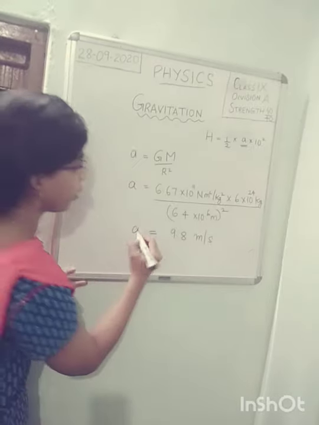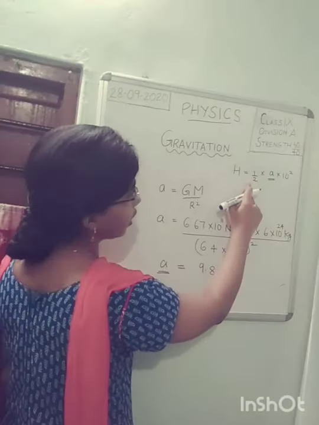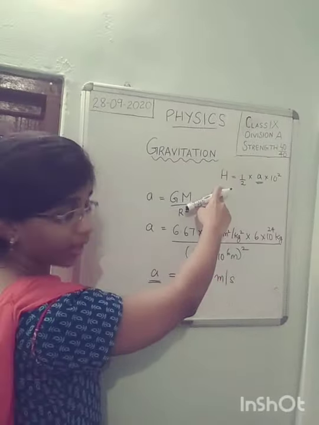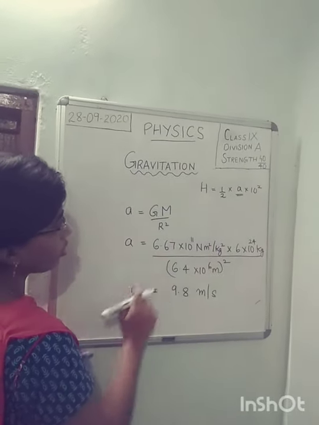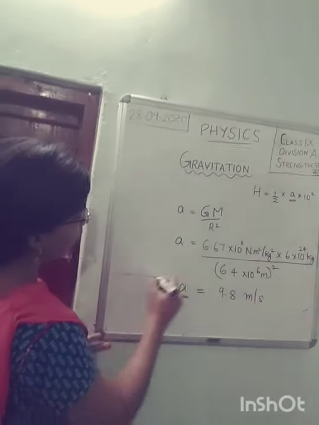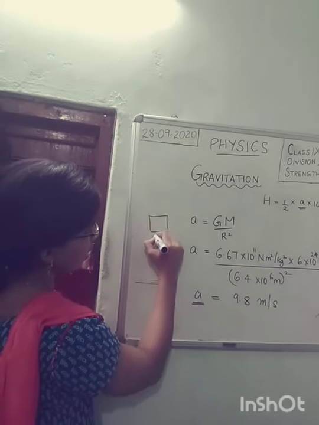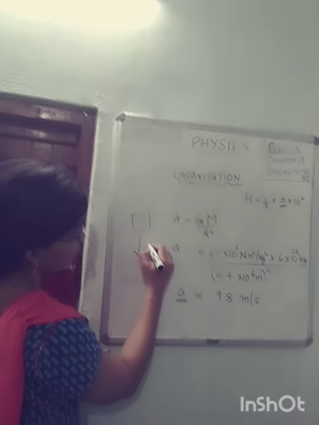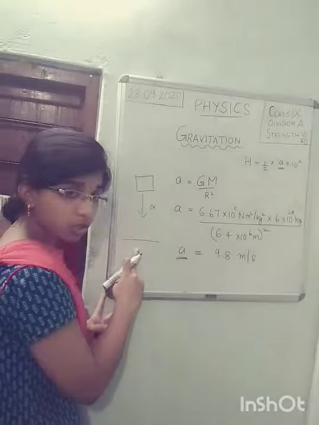So we wanted this value in order to find the height. So we can now easily find the height. Here the box was accelerating in the downward direction due to the force of gravity.